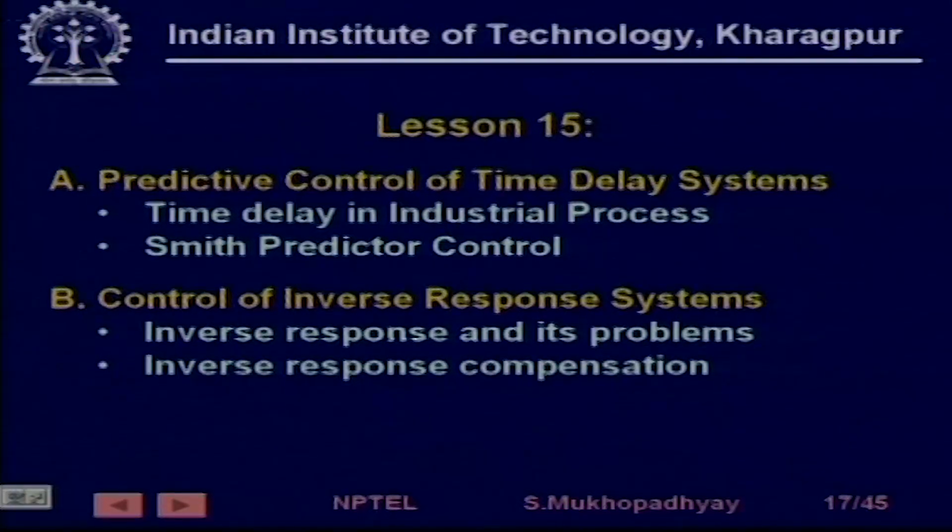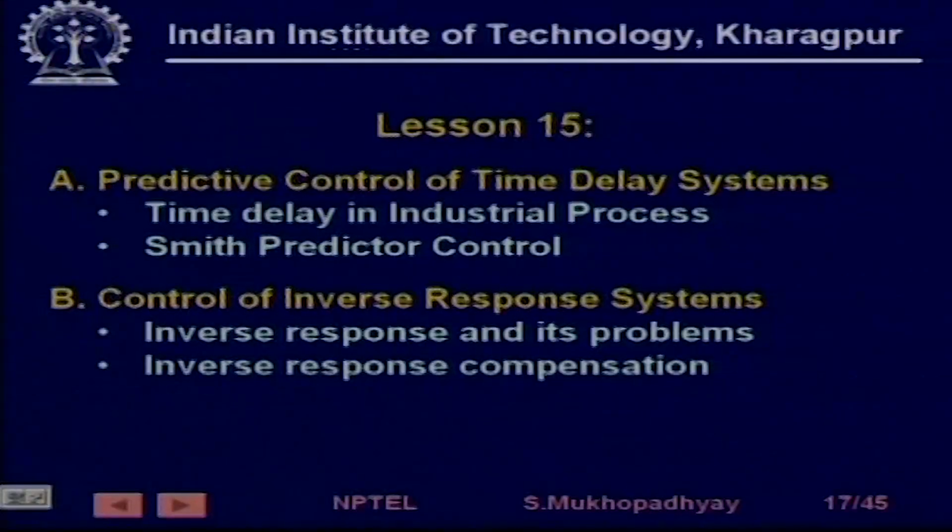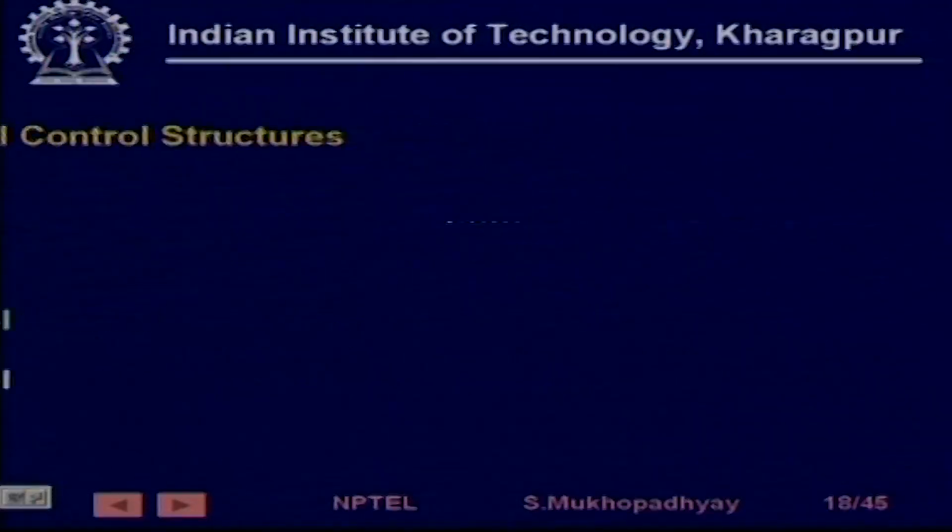In such situations, some special control structures are actually required for effective control of the process. So we looked at these two particular kinds of processes, namely time delay systems and inverse response processes, and introduced some particular control structures which are used for controlling these.